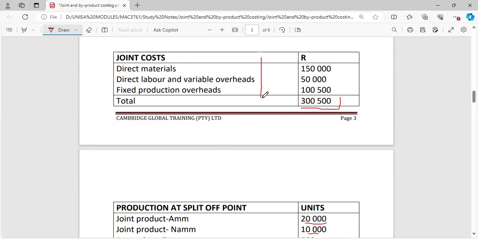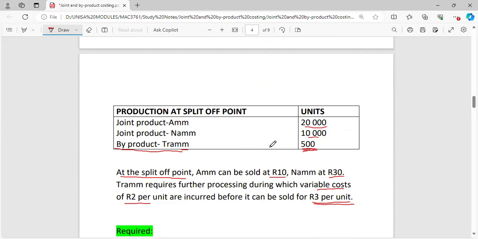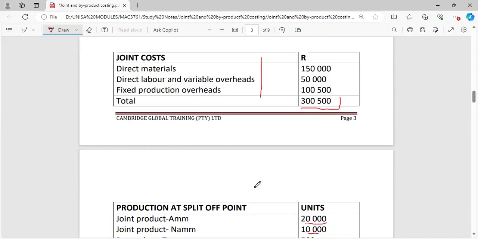We have joint cost and our joint products here. So how do we arrive at the joint cost that has to be allocated to the joint product? Anyone who can briefly explain the process?